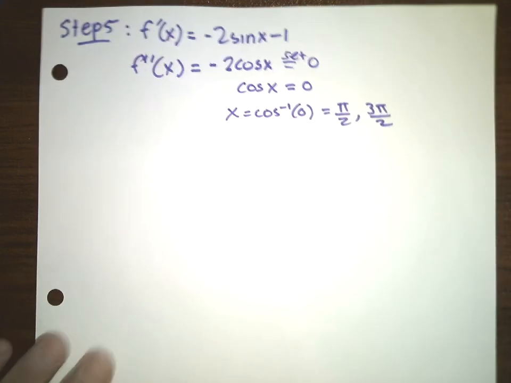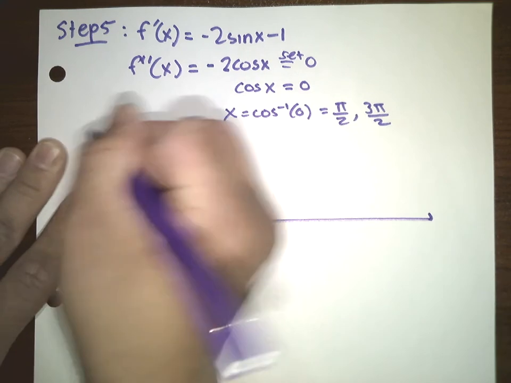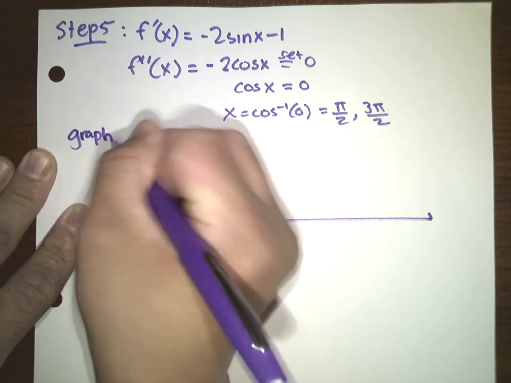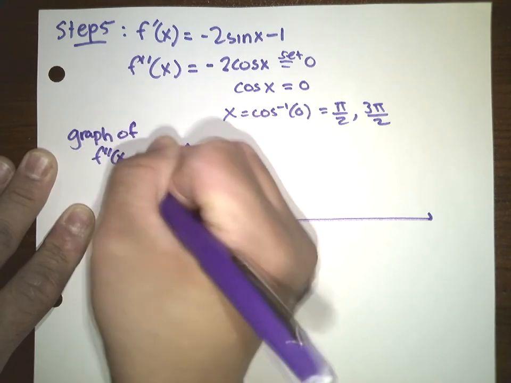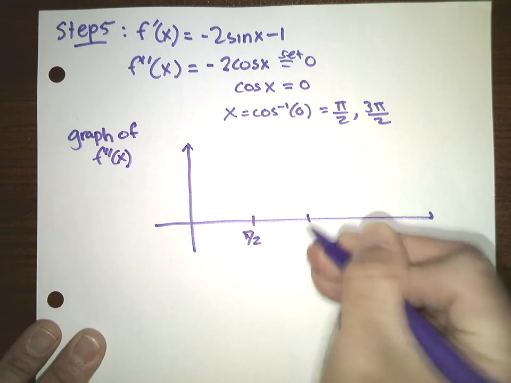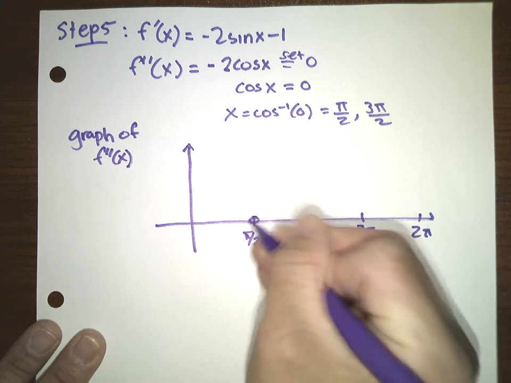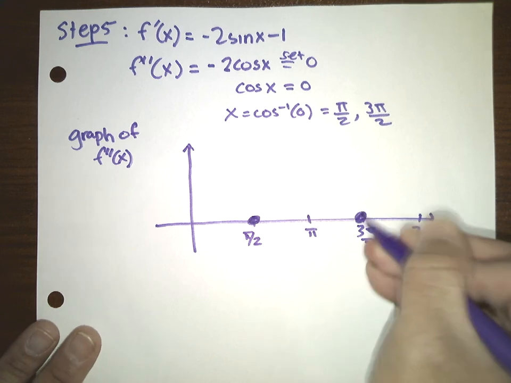All right, let's graph this. This is a graph of f double prime of x. We have pi over 2, pi, 3 pi over 2, 2 pi. It has zeros at pi over 2 and 3 pi over 2.